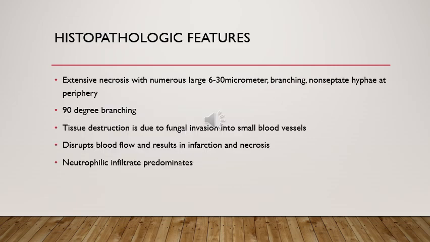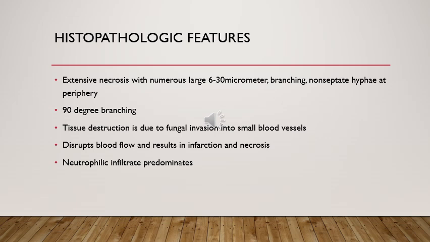So histopathologically, what can you expect? When you do a biopsy from the involved site, you can observe extensive necrosis. Unlike normal chronic inflammation, there is extensive necrosis with a large number of hyphae 6 to 30 micrometers thick. These hyphae are very thick.